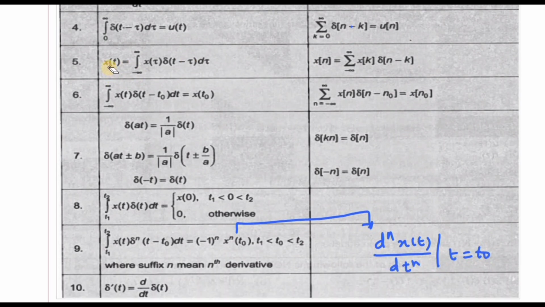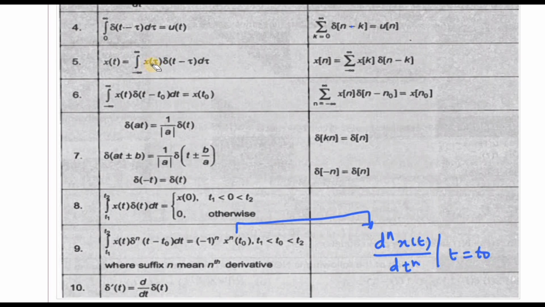Next, fifth property, x of t is equal to the integration from minus infinity to infinity of x of tau del t minus tau d tau. So here you have to substitute tau equal to t, in order to make this del as 0. So if I substitute tau is equal to t, this becomes x of t.